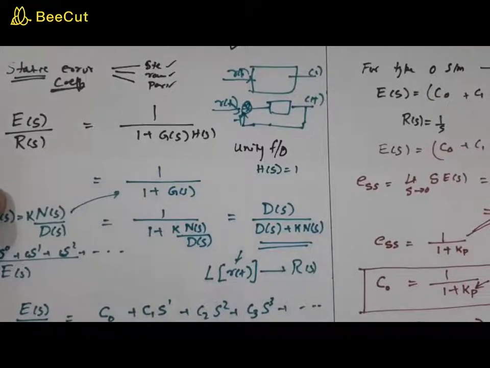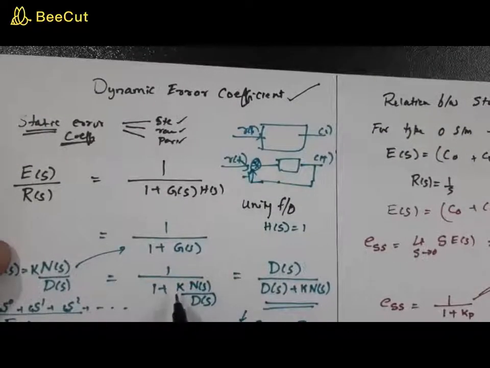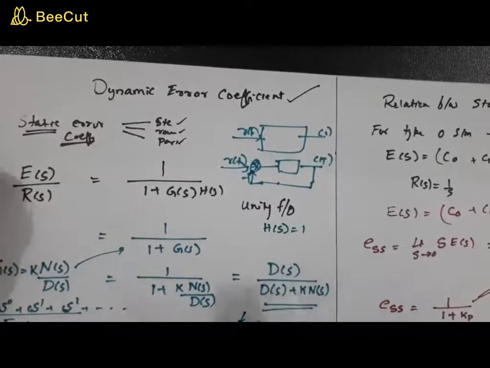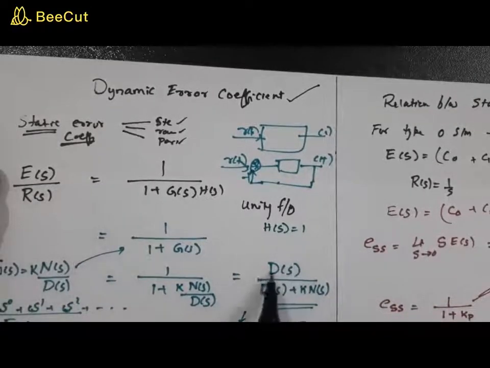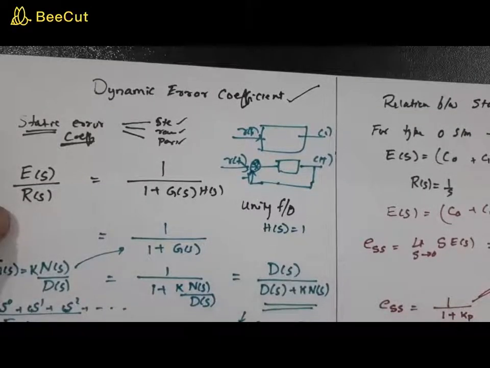The minimum factor will be s raised to 1, because you have a term s in the denominator. So that comes in the numerator when you take e of s to r of s. So minimum you should have an s. You cannot have a constant term.